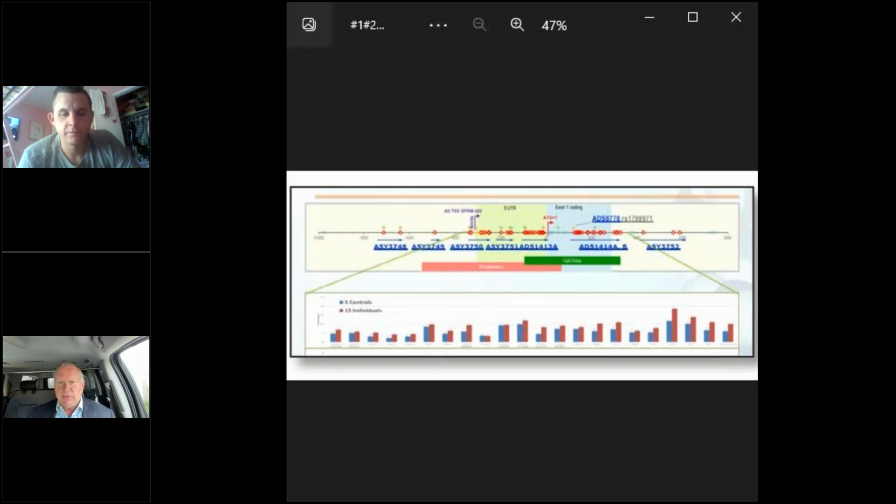And then there at the bottom, you see the blue and the red columns. The blue columns are the opioid naive, and the red columns are the opioid dependent. As can clearly be seen, there is a difference between the opioid naive and the opioid dependent. The red column is taller than the blue column. What this means in terms of science is that the red areas have a higher degree of what's called methylation. That's the name for the poisoning.